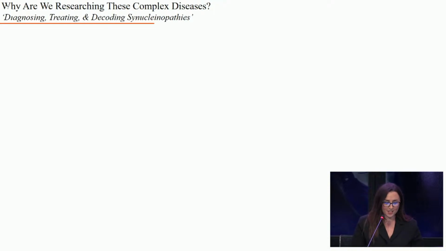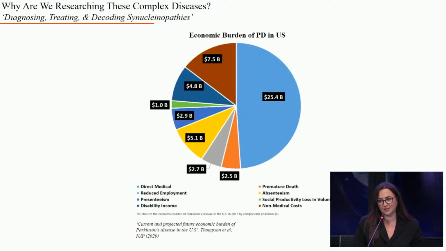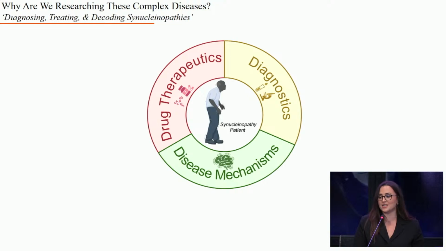So why are we researching these seemingly complex diseases? Well, apart from the patients themselves, synucleinopathies have a huge economic burden. For example, Parkinson's disease alone costs billions of dollars in the US in disability income and medical needs. But apart from that, the main focus for research is, of course, the patient and the families themselves. And there are three main aspects which we want to research for the synucleinopathy patient.